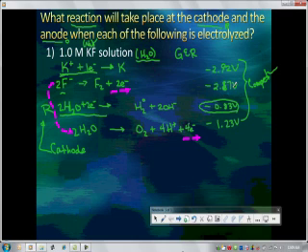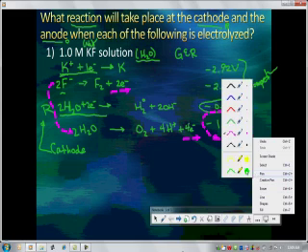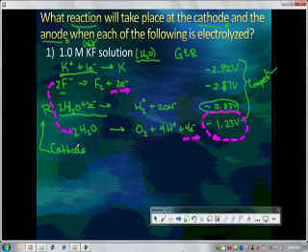So comparing negative 2.87 to negative 1.23 volts, this is our reaction that is more likely because it is the more positive of the 2 reactions. So at the anode, our best reaction, the most likely reaction, is going to be the one with the more positive reduction value, and it's this reaction right here.